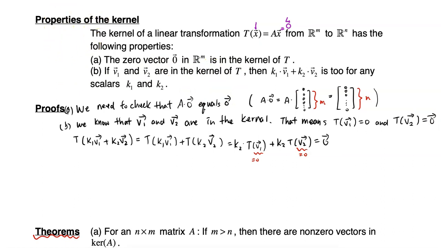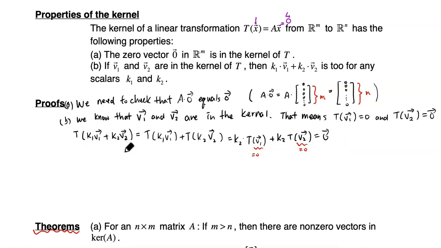And so we can just use the properties that we saw in sections 1.3 and 2.1 to find the answer. So T of k1v1 plus k2v2 is, we can split the sum, the operation, and then we can split the scalar from the vector, and since we know this is 0 and that is 0, the final answer is 0. Therefore, k1v1 plus k2v2 in the original space is in the kernel.